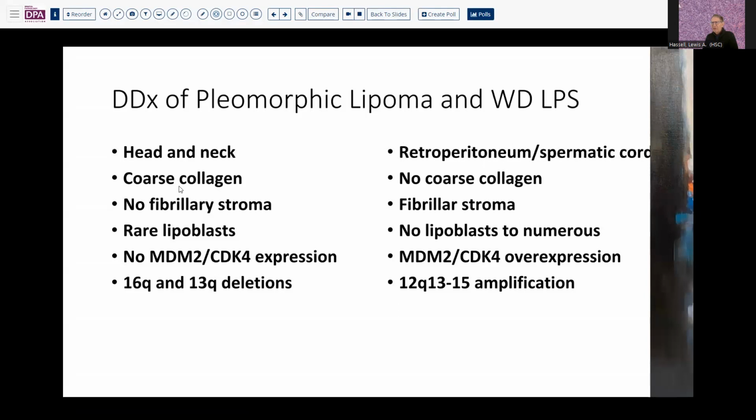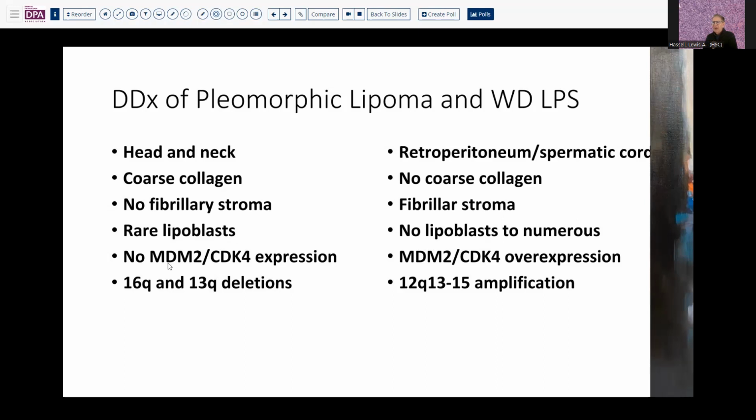Coarse collagen, much more frequent in the pleomorphic lipoma, whereas the collagen fibers in well-differentiated liposarcoma is somewhat fibrillar. Lipoblasts, they can be seen in pleomorphic lipoma, generally are not seen in well-differentiated liposarcoma, though some authors have reported seeing them in numerous cases.